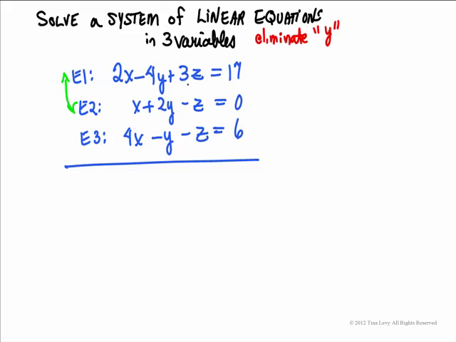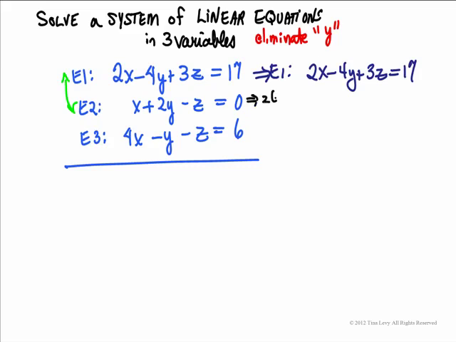So to do this, equation 1 stays as it is: 2x minus 4y plus 3z is 17. Now I multiply equation 2 by 2.